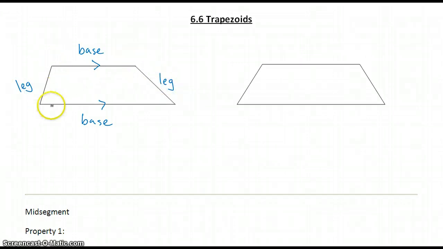Now, since these two bases are parallel to each other and this leg is a transversal, these two angles are related to each other. These two angles are consecutive interior angles, so they are supplementary.